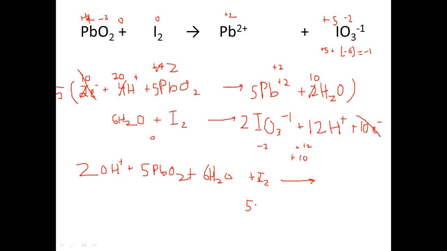So that's going to give me 5 Pb ions, 5 lead ions, plus 10 H2O, plus 2 IO3 minus, plus 12 H+.